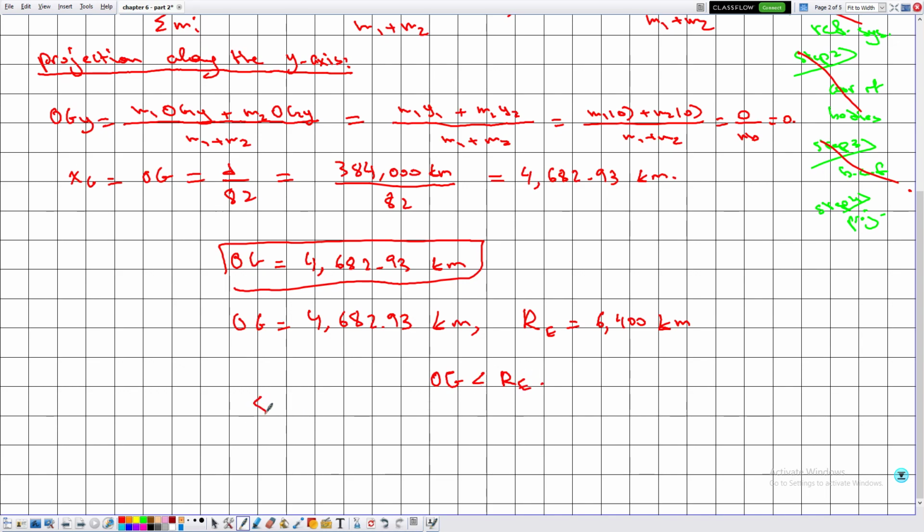So let's say since OG is less than RE, then the center of mass of the system is located below the surface of Earth.